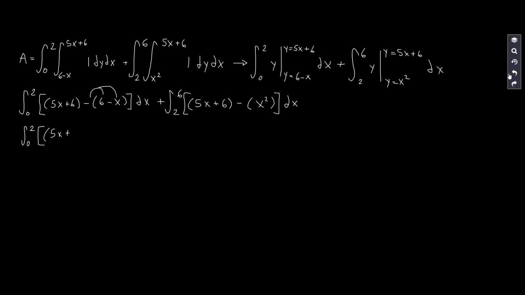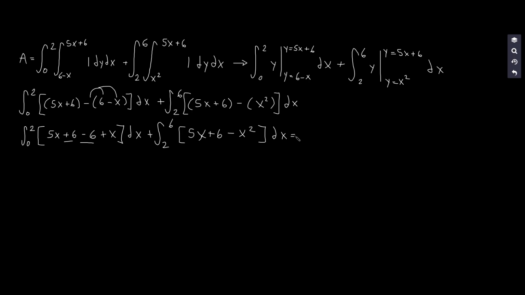Wait a second, I shouldn't put that in parentheses. So the integrand is 5x plus 6 minus 6 plus x, plus the integral from 2 to 6 of 5x plus 6 minus x squared, integration with respect to x. Now let me just check my work. At this point, this positive 6 and this negative 6 cancel within the integrand.